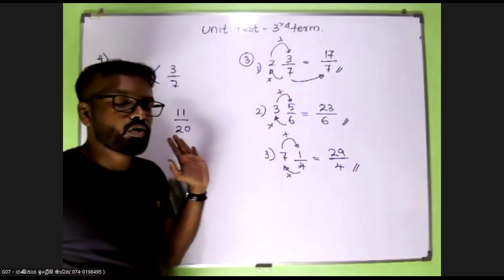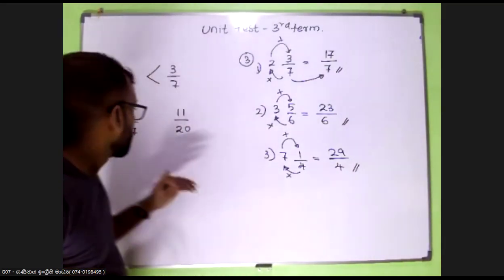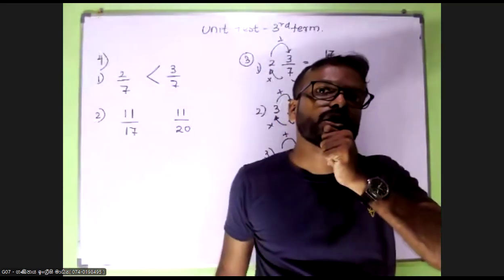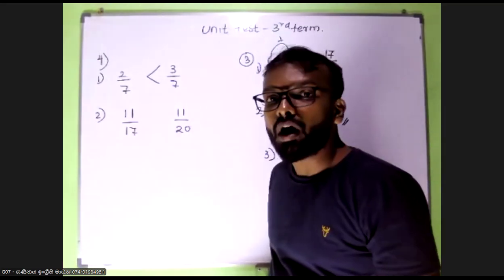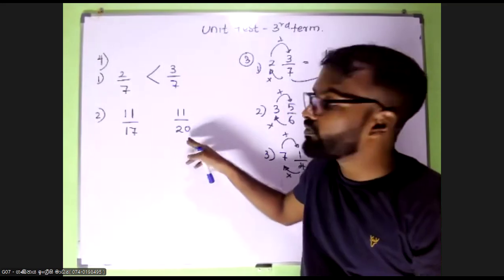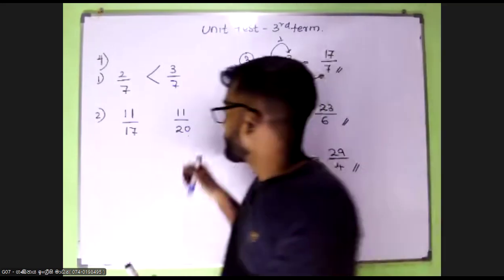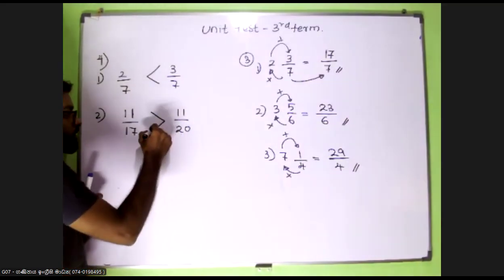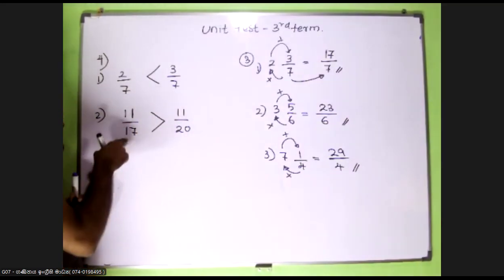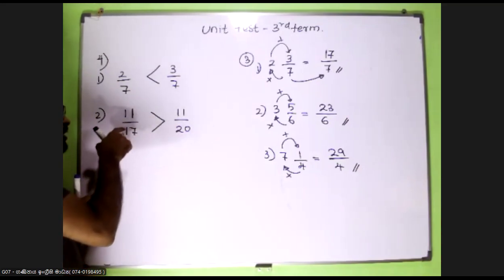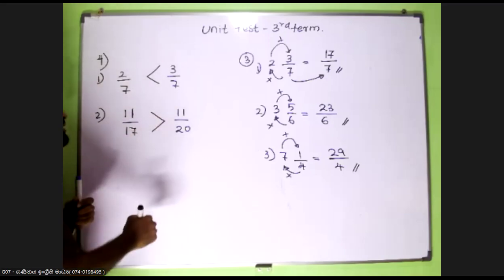Now there is no numerator, right? So 17 and 20. What is the biggest number? 20, right? That side should be the smallest because in the denominator we have the biggest number. So this side is the biggest, because 17 is a smaller number than 20, right? So the mouth should be open to this side.